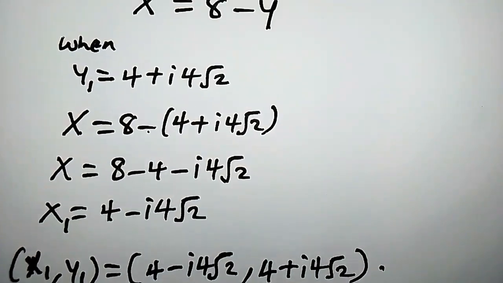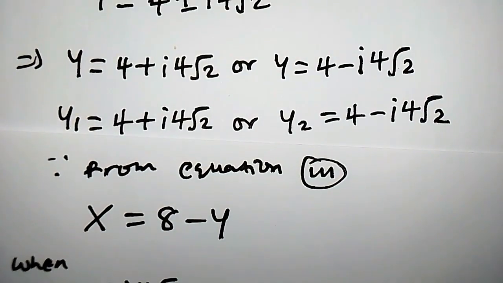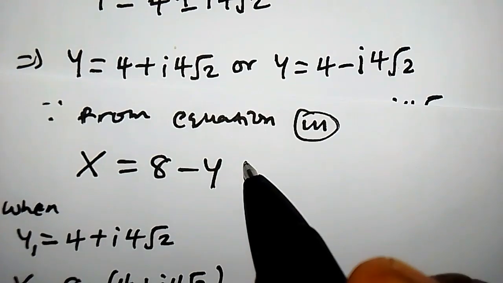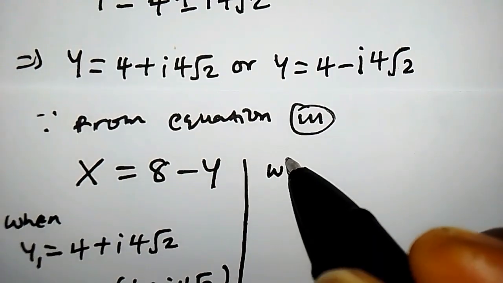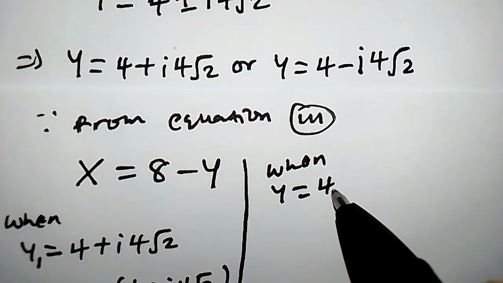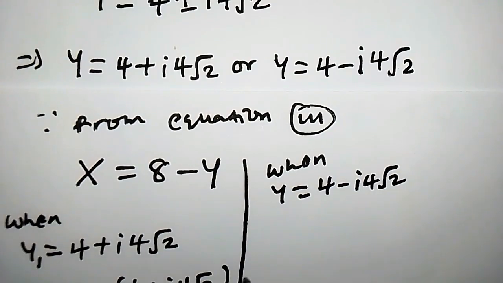Now let us consider the case when y is equal to 4 minus i times 4 root 2. What will now be the value of x?